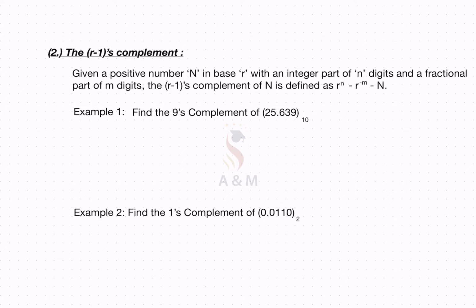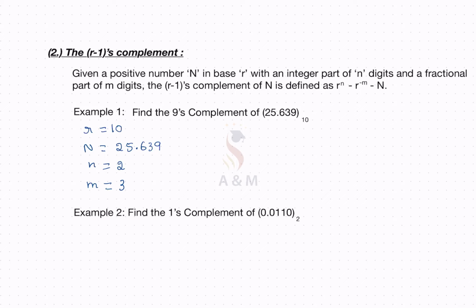Here we have R, that is the base, which is equal to 10, N, which is the given number, that is 25.639, and n, the total number of digits in the integer part, that is 2, and m, the total number of digits in the fractional part, that is 3.